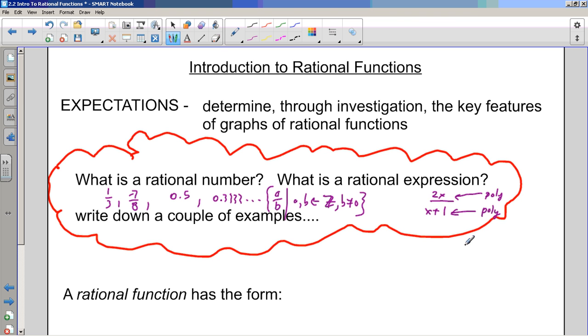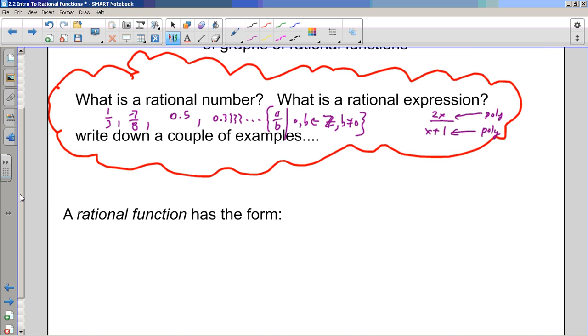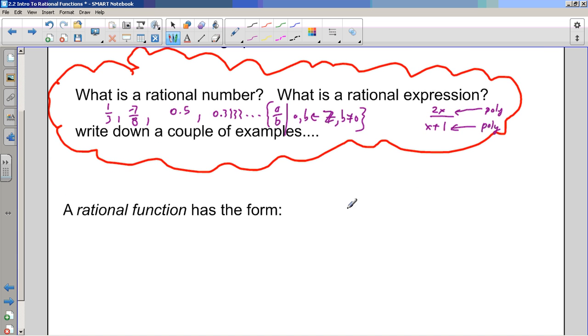So what's a rational function? A rational function would be the next thing. And we've talked about this difference between functions and expressions and that sort of thing. This is where an expression is equal to something. So we have y equals p at x over q at x. Or, you know, we could use our function notation.